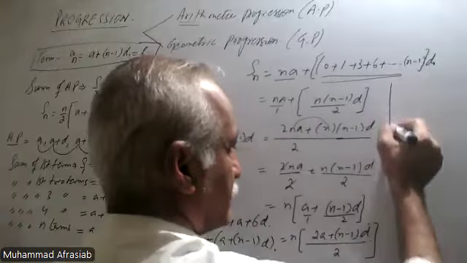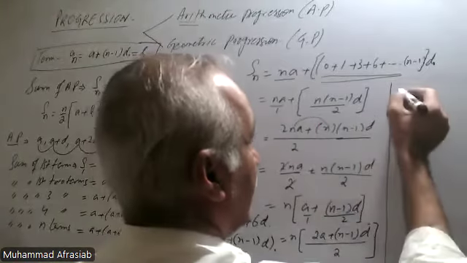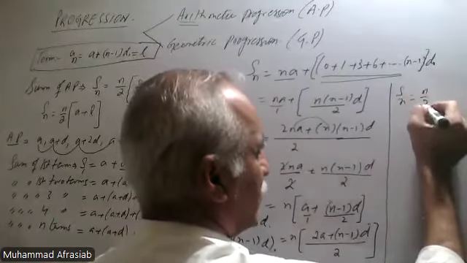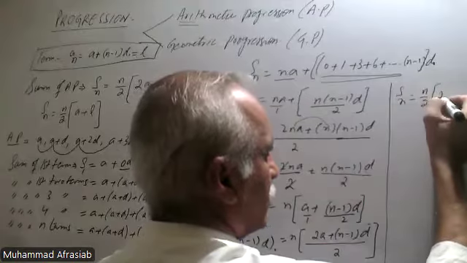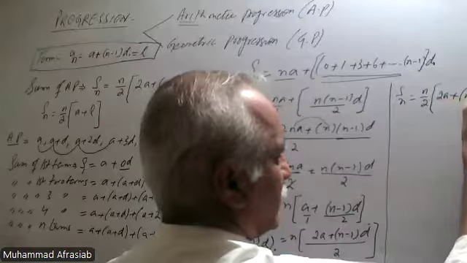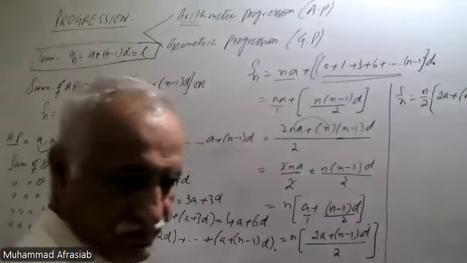Or Sn is equal to n over 2, 2a plus (n minus 1) into d.